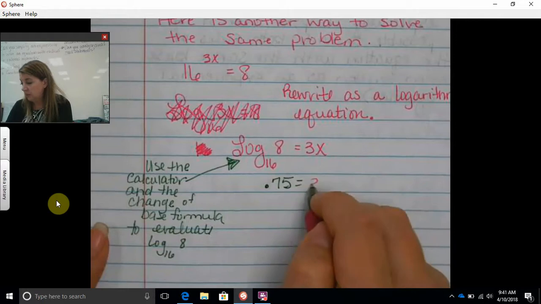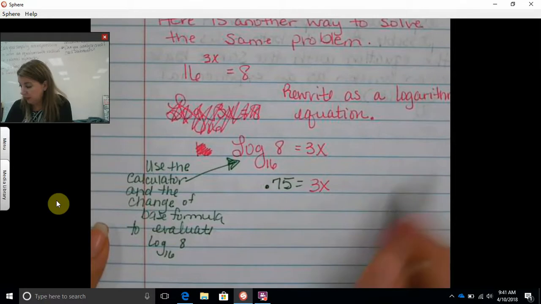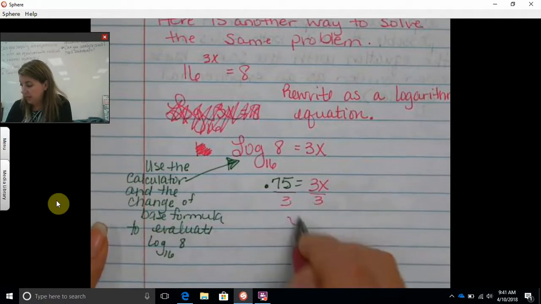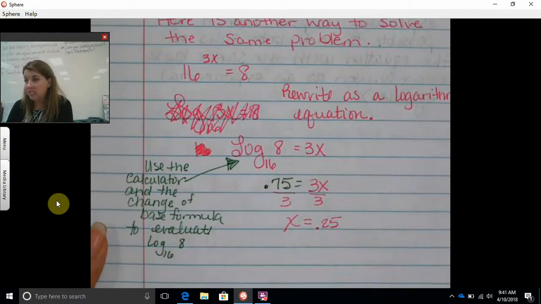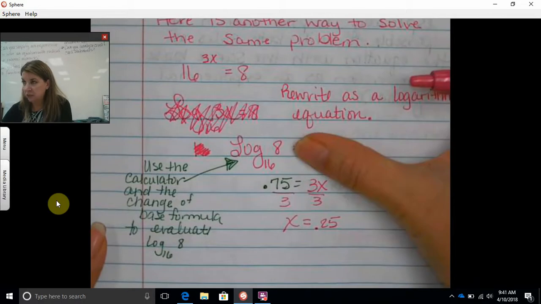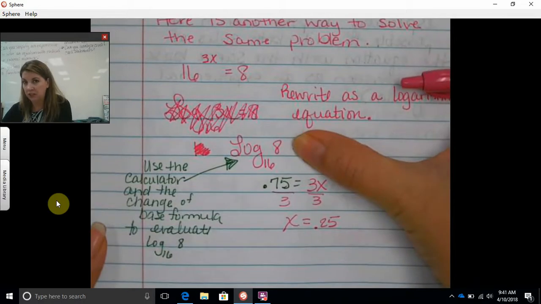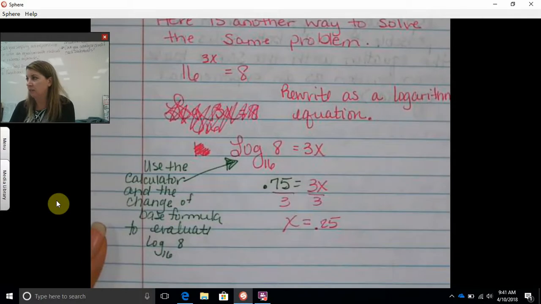And we know that equals 3x. Then what would I do? Divide by 3. And x would equal 0.25. Same thing as I got above, just a different way to do it. So take your equation, rewrite it in logarithmic form, just evaluate this side with the logarithm in your calculator using change of base, set it equal to the other side, and solve for the variable.